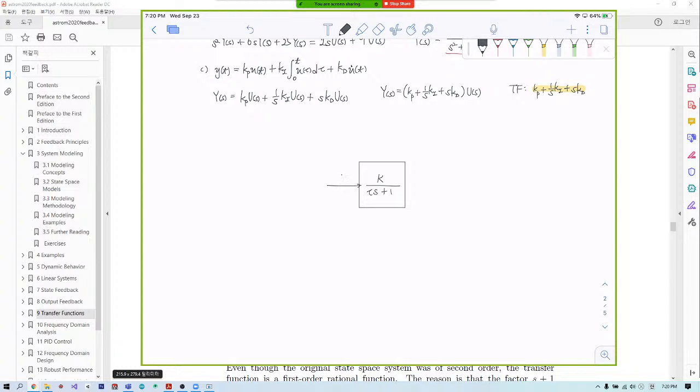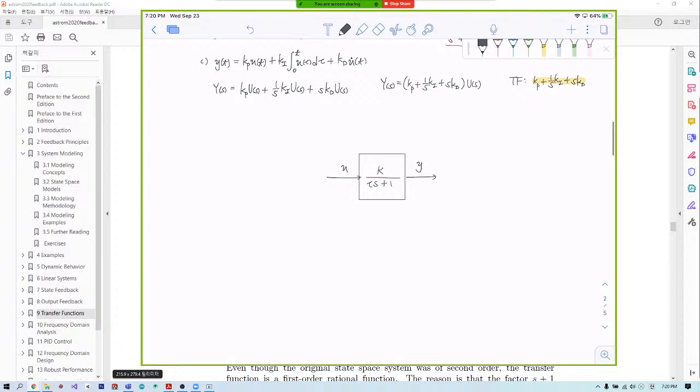So the input goes in like this and comes out as the output. And let's say our reference point is given as R, and we want to do a feedback closed loop control. So the sensed value, the output that is sensed through the sensors, is fed back to the input.